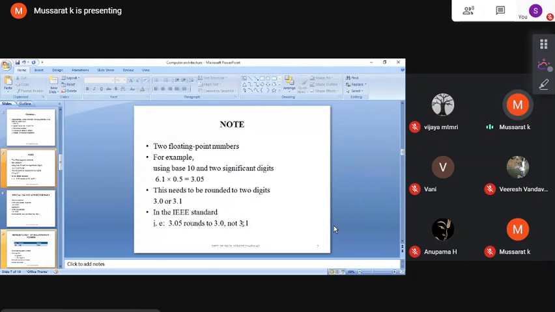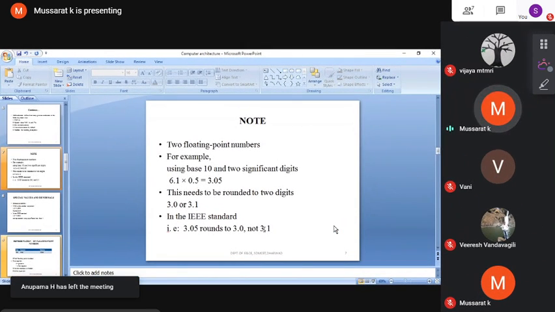This needs to be rounded to two digits. It could be rounded to 3.0 or 3.1. But in the IEEE standard, such halfway cases are rounded to the number whose low order digit is even. That is, 3.05 rounds to 3.0, not to 3.1. The standard actually has four rounding modes.